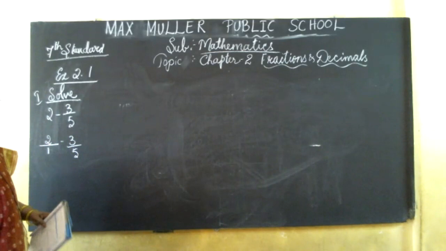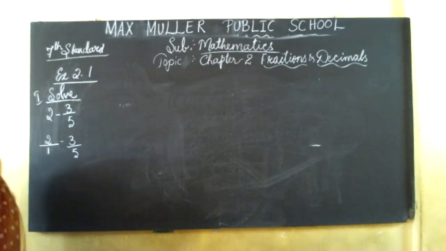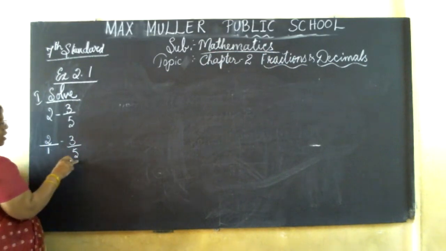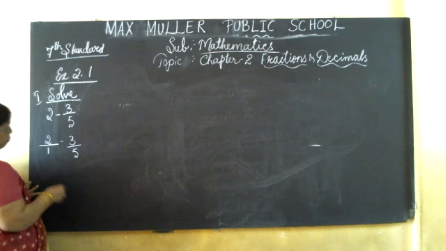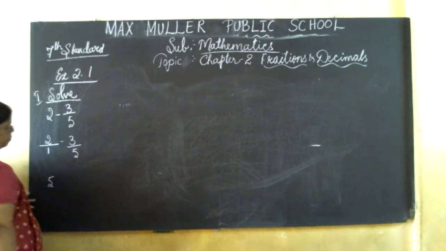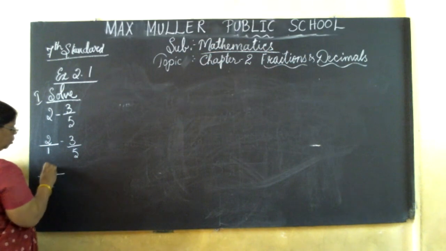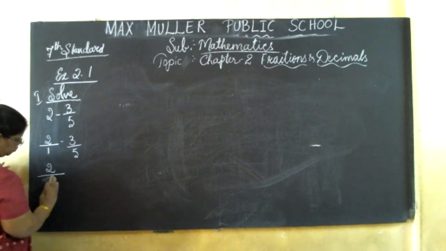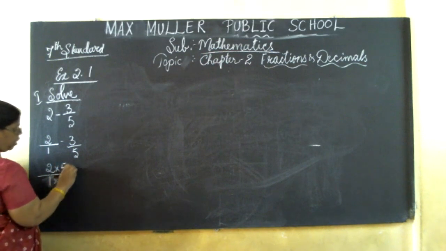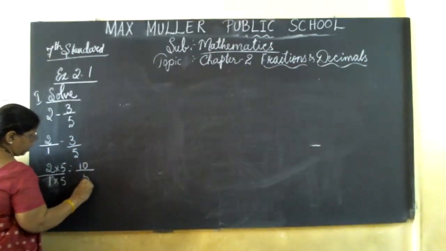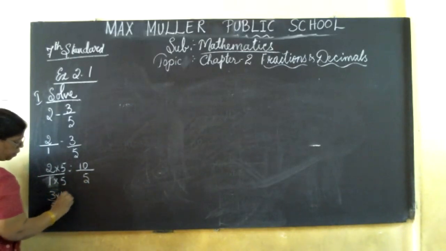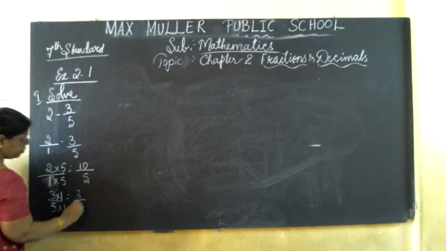You have learned already how to do this. So here the LCM of 1 and 5: 5 is a prime number, so 5 will be the LCM. So 2 by 1 into 5 is 10 by 5, and 3 by 5 into 1 is 3 by 5.